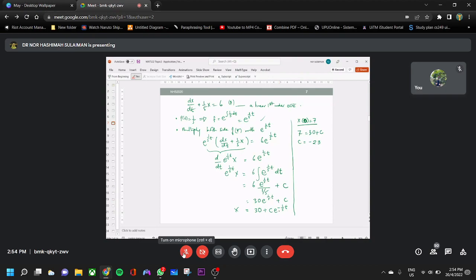Is 23 correct? Right. So therefore the particular solution is x equals 30 minus 23 e to the power of negative 1 over 5 t.